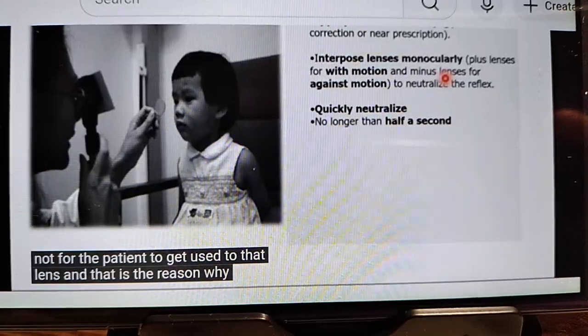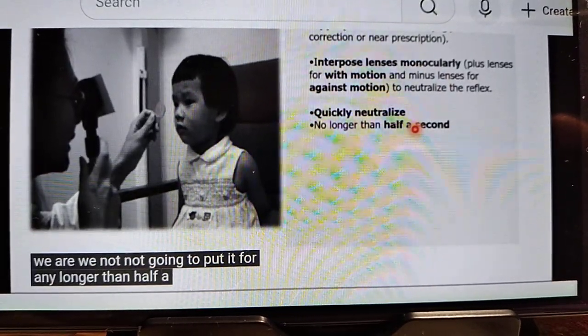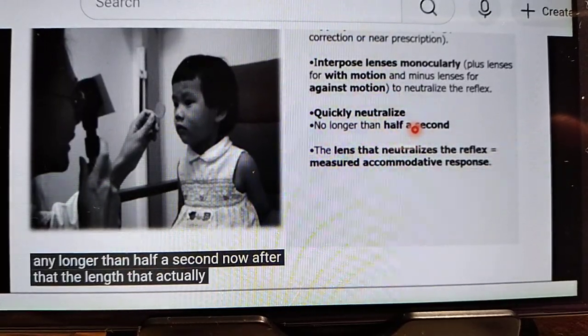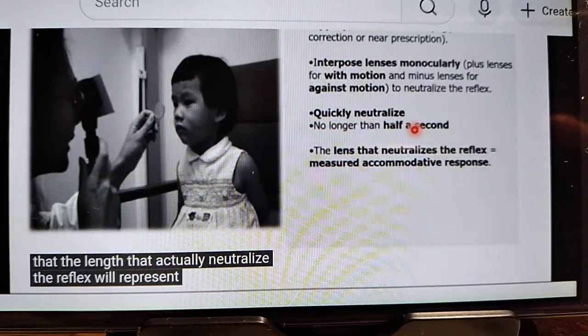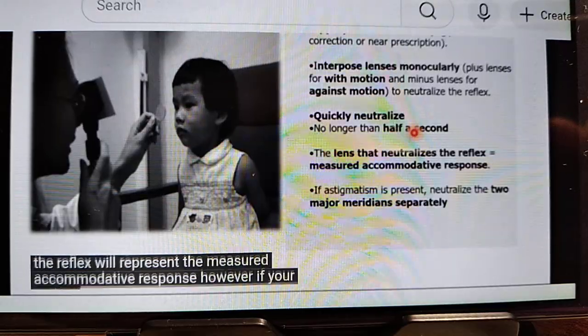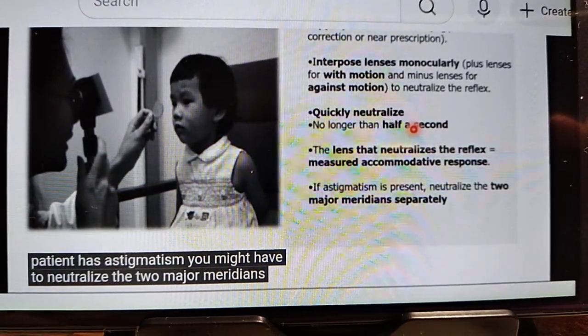That is the reason why we're not going to put it for any longer than half a second. Now, after that, the lens that actually neutralizes the reflex will represent the measured accommodative response. However, if your patient has astigmatism, you might have to neutralize the two major meridians separately.